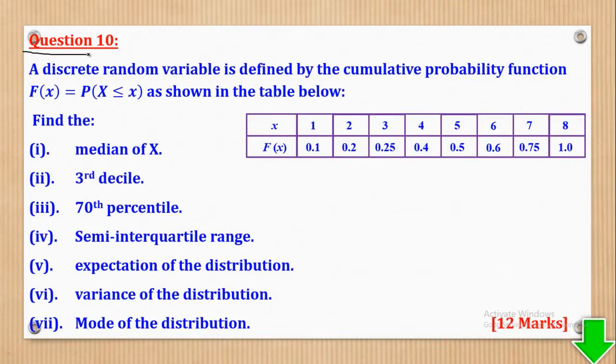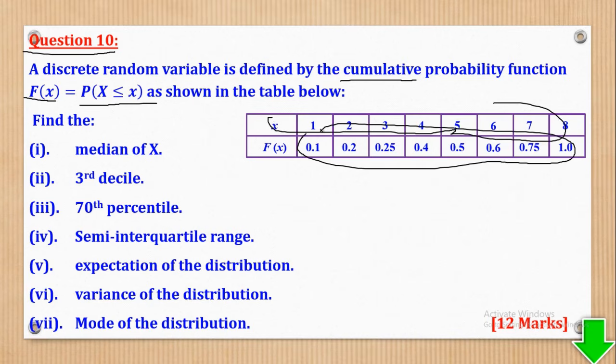So question 10 says a discrete random variable is defined by the cumulative distribution function capital F(x). Here we are using F(x) equal to the probability of x less than or equal to x, shown in the table below. So these are the values of x and these are the values of the cumulative probabilities.